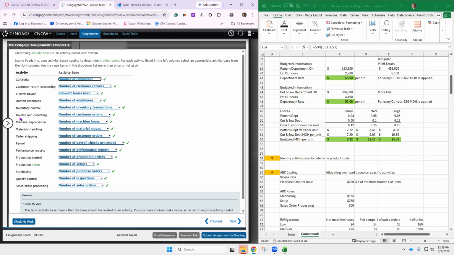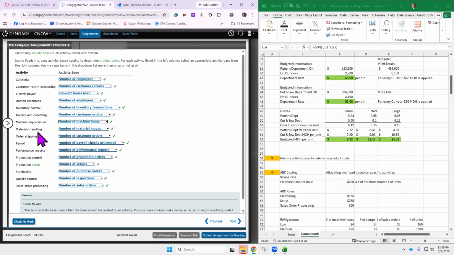Invoice and collecting, who do we do that for? Customers. So this is going to be based on activity, how many customer orders there are. How about depreciation of a machine? Usually machines are depreciated either by the year or number of machine hours, or if this was a vehicle, it might be the number of miles driven.